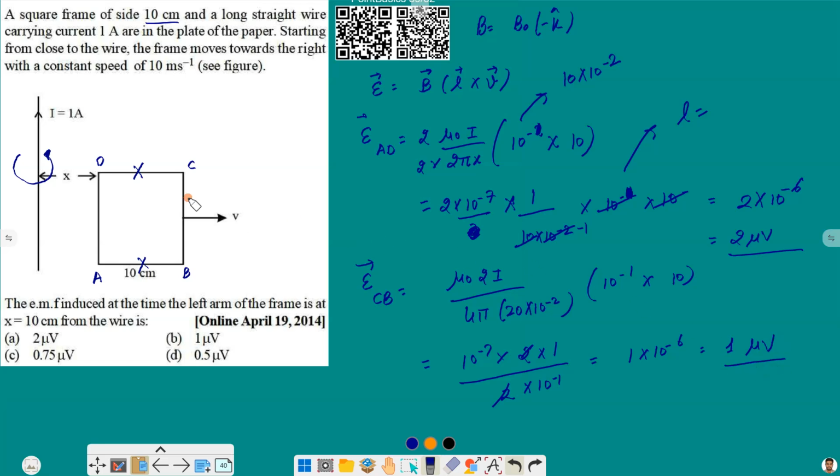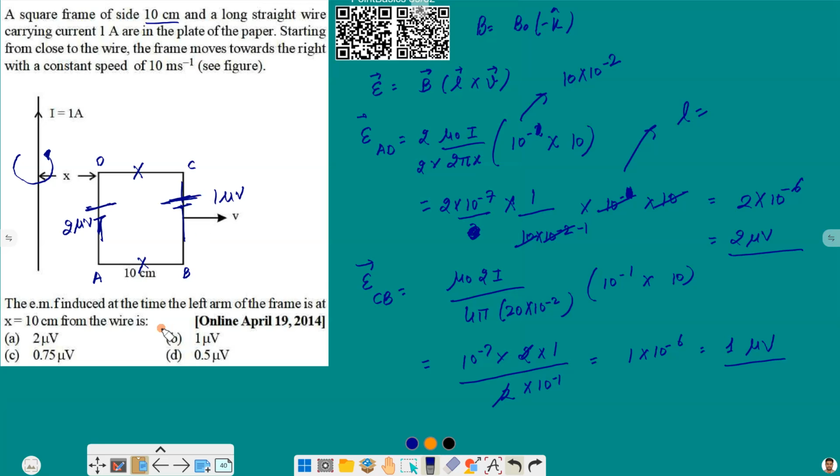So we can say this CB is acting as a battery of 1 microvolt, and AD is acting as a battery of 2 microvolt. And if you measure potential of D with respect to C, then it will be 2 microvolt minus 1 microvolt.